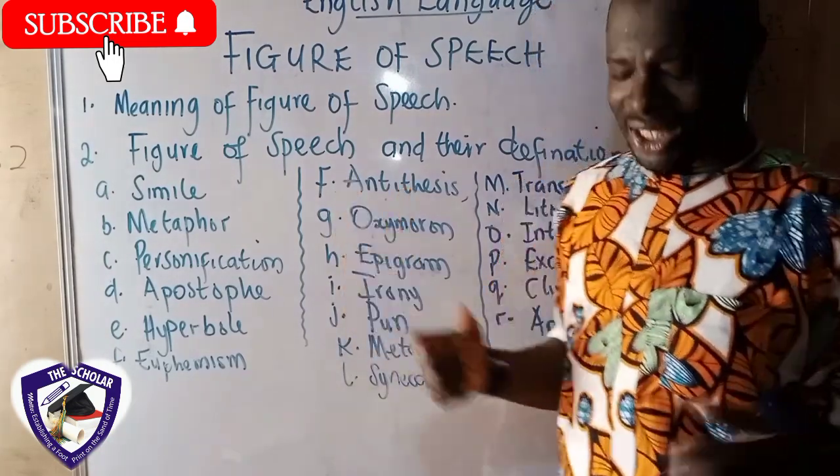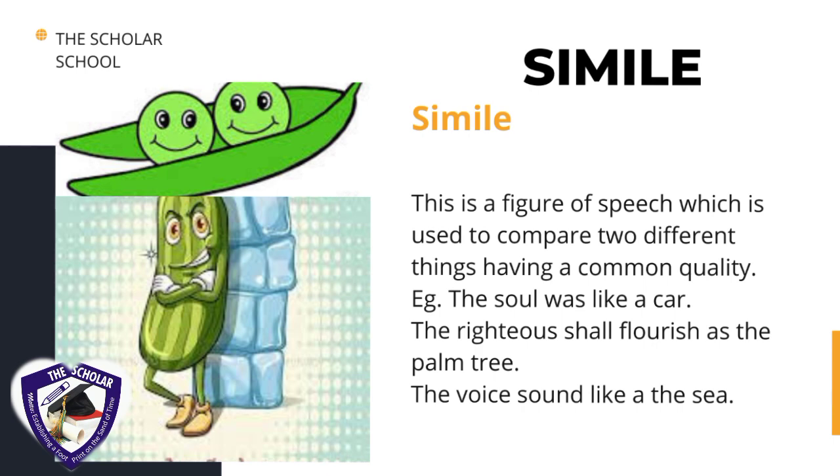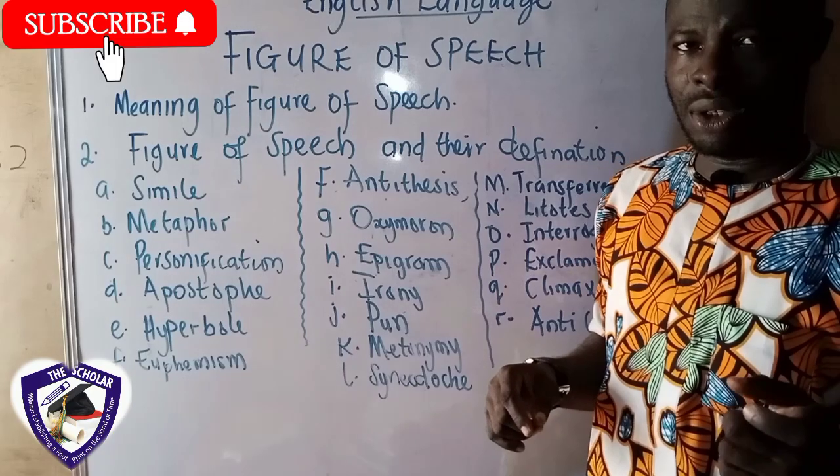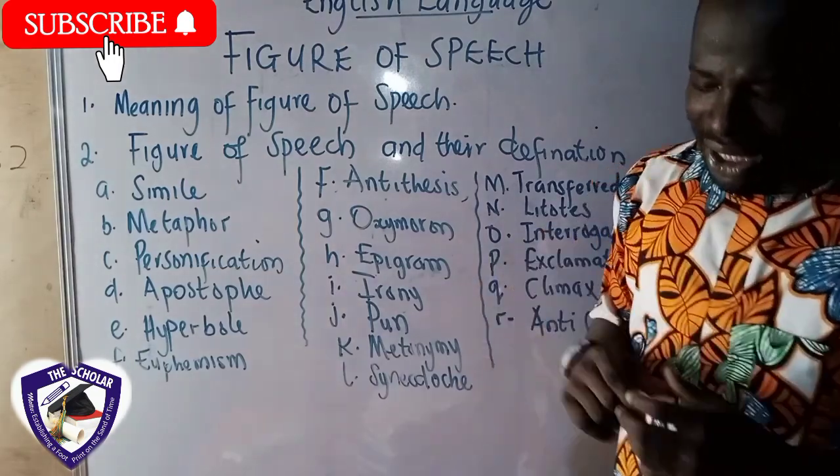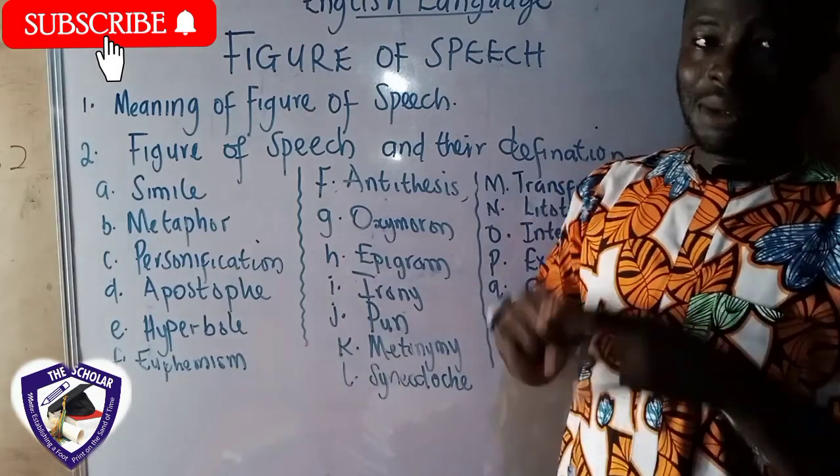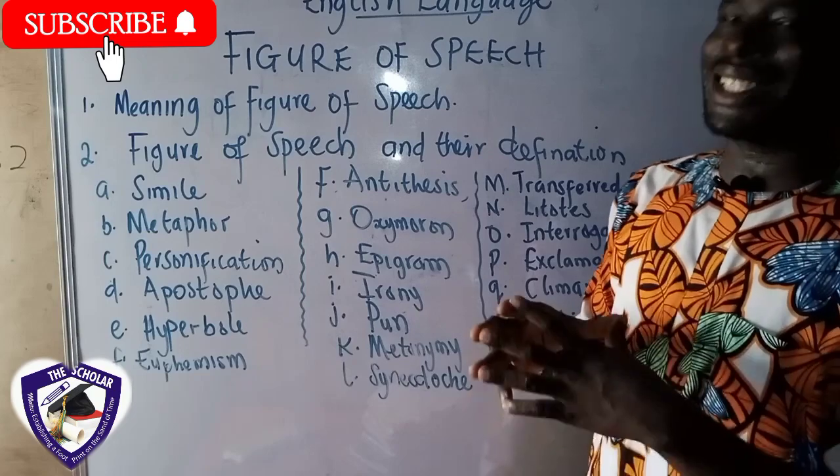Two different things. Let's say, for instance, if I say that the soul was like a star and dwelt apart. If you look at that, you see I'm comparing the soul and the star, and I'm saying that the soul is just like a star.